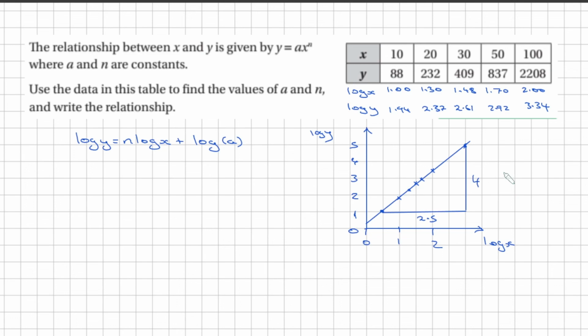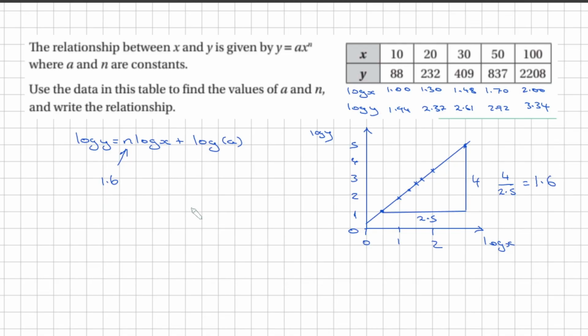So the gradient is 4 over 2.5, which is 8 over 5, 1.6, approximately. You're not going to get exact values from this, especially from the whiteboard. So I'm saying n is 1.6.